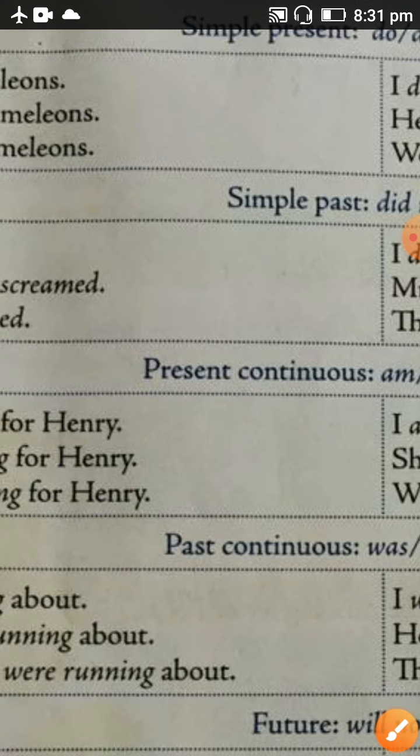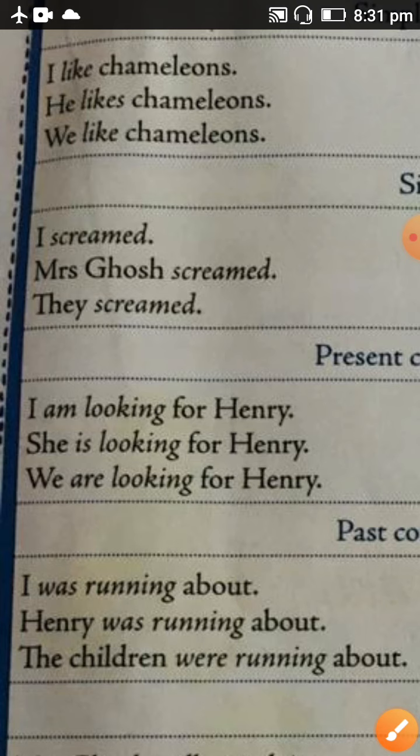Now come to simple past. Here also I told you, whenever we have the second form of a verb, for that, dear students, you have to learn some general verbs which we use in our daily lives. We may have regular verbs, we may have irregular verbs. If all three forms of the verb are the same, that is called a regular verb.